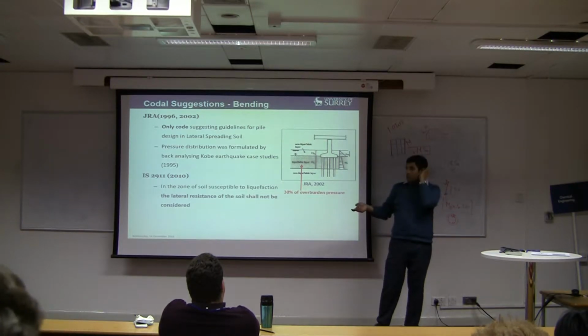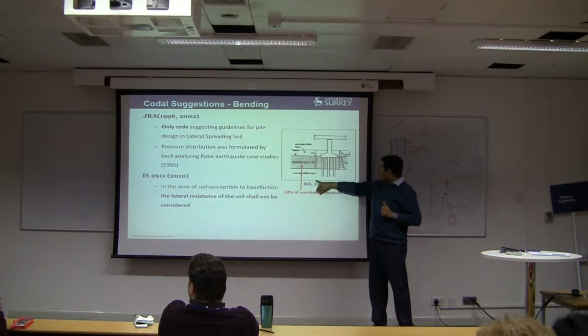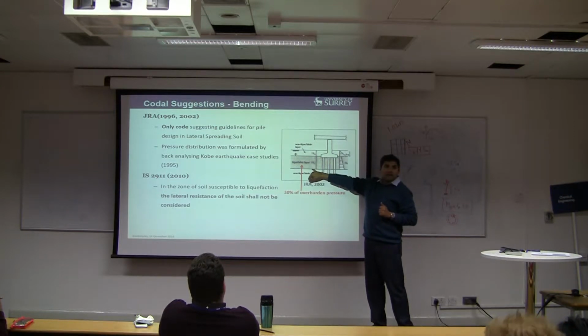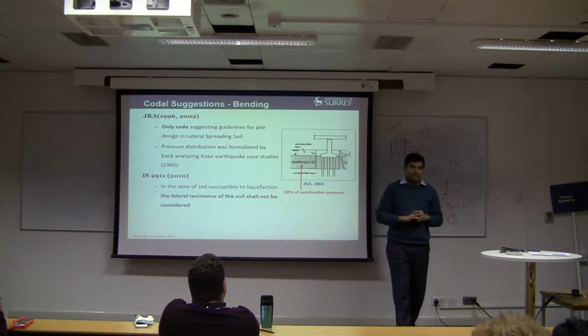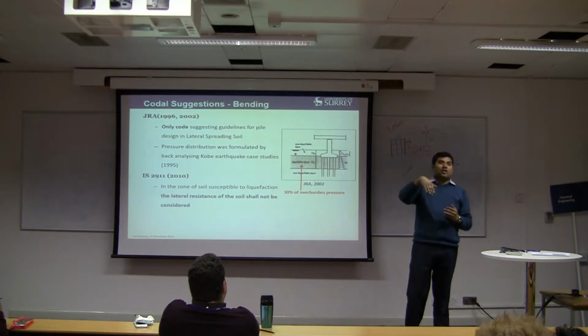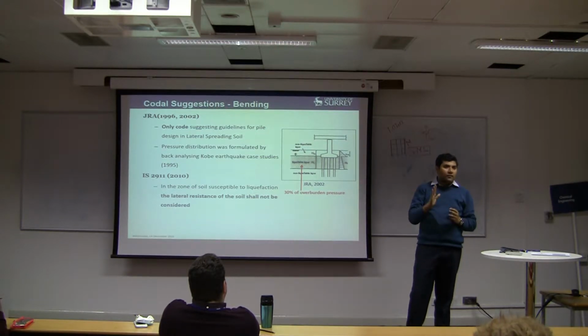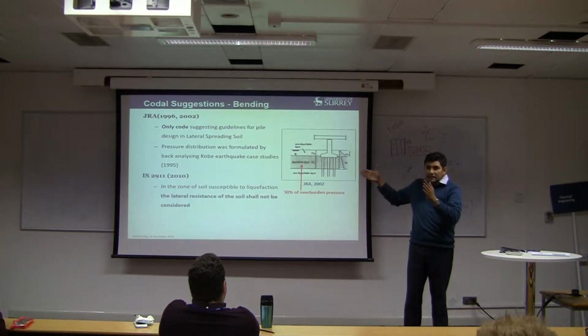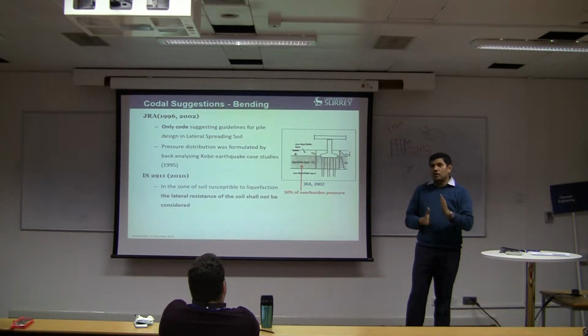That means, suppose here the overburden pressure is say 100 kPa, the lateral load will be 30 kPa. So basically you find the equivalent pressure and you can find the force on the pile. So that moving soil applies pressure on the pile, okay?